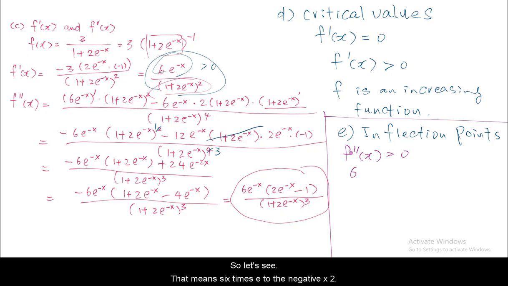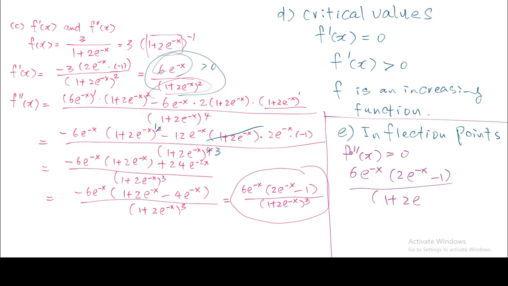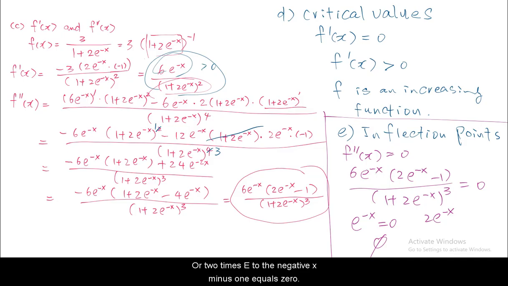So let's see, that means 6 times e to the negative x, well, the whole thing is equal to 0. So that means the numerator is equal to 0. Either e to the negative x is 0, which never happens, or 2 times e to the negative x minus 1 equals 0.